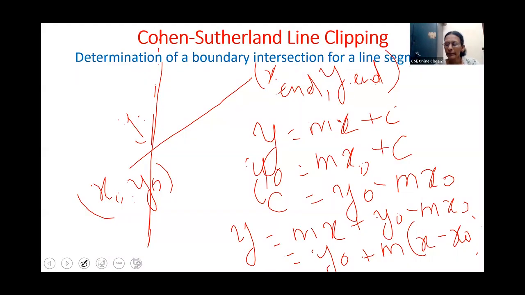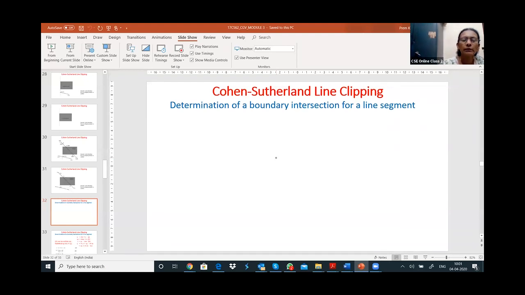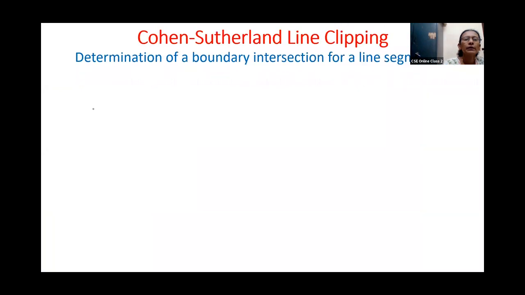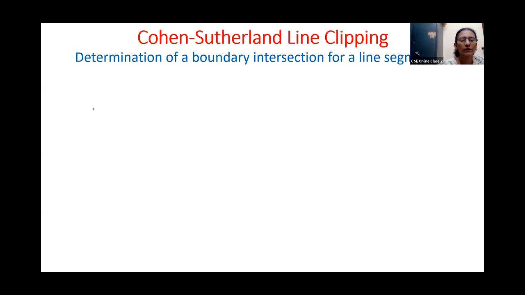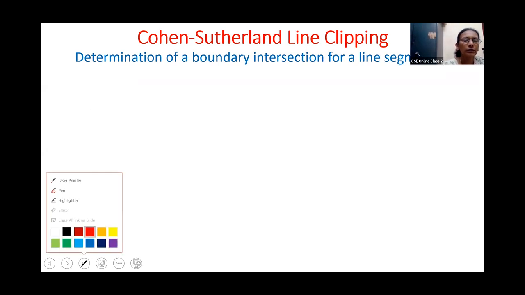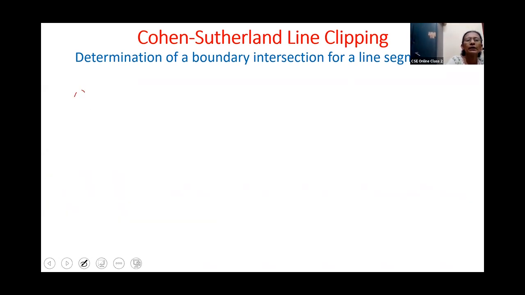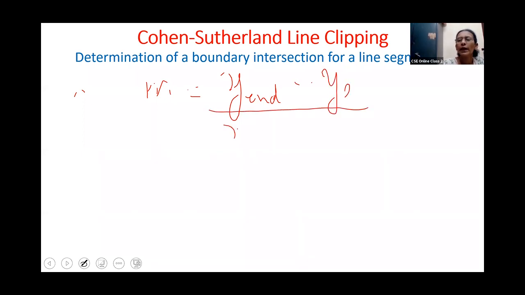What is the value of m? m is the slope of the line. So m would be given by y end minus y naught divided by x end minus x naught.